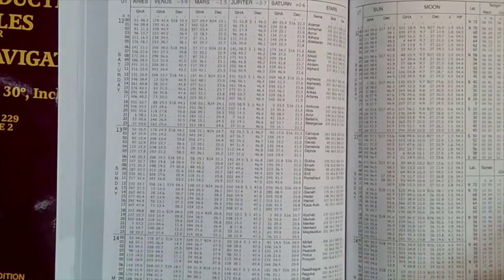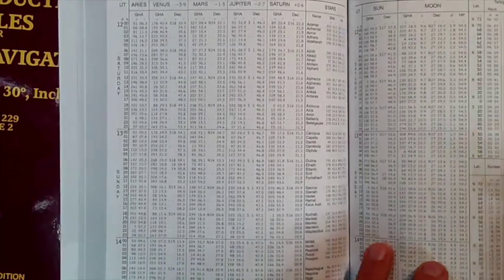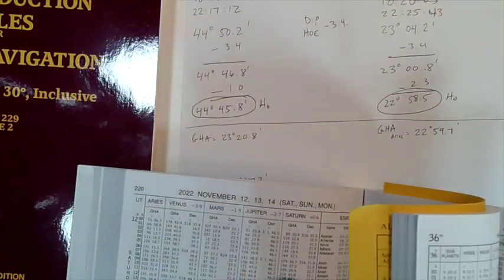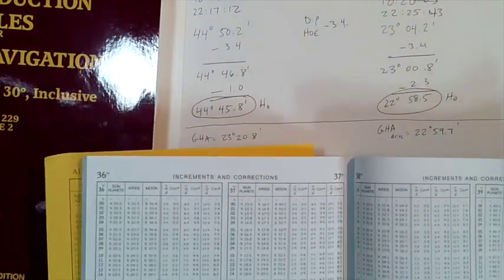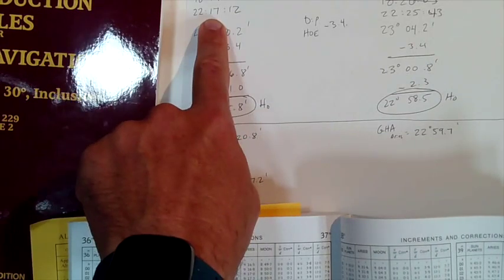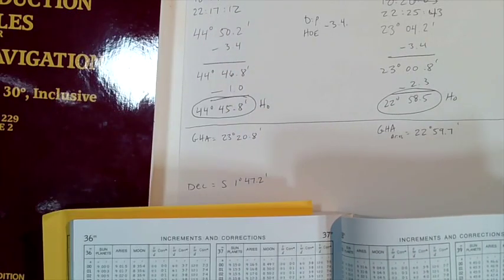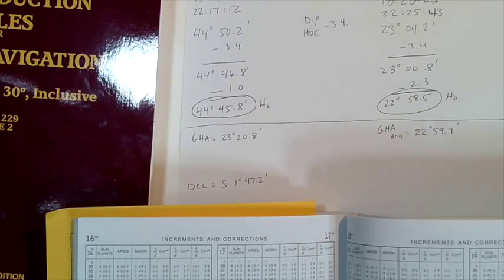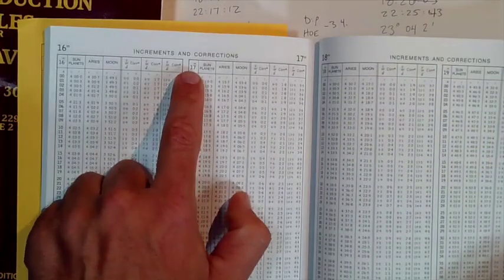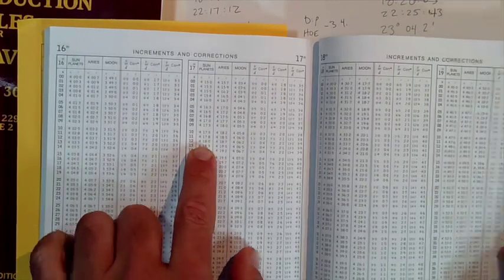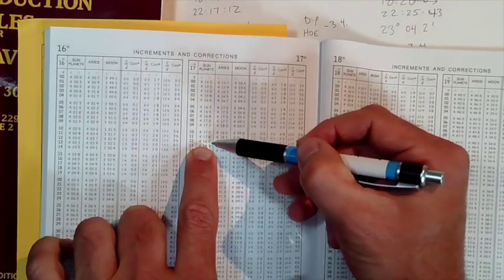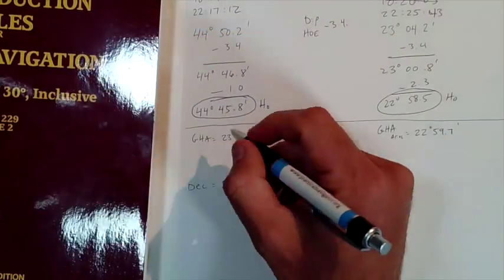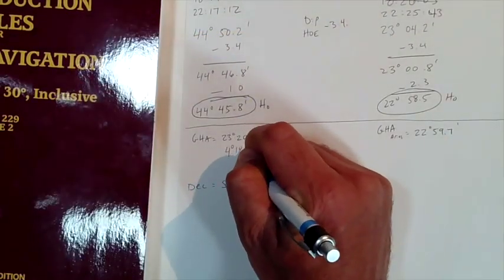So what we can do is use the tables in the back, the increments and corrections. I'm going to go to 17 minutes and 12 seconds and pull out a correction. For 17 minutes and 12 seconds, the sun and the planets are going to move by 4 degrees and 18 minutes.